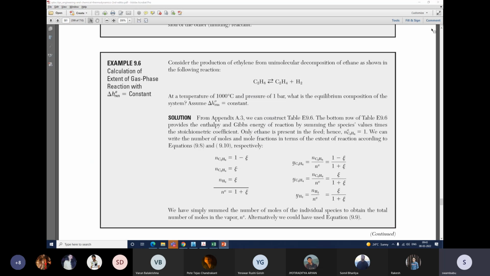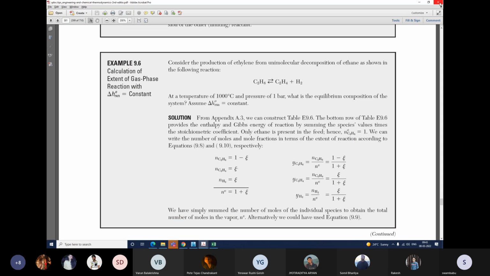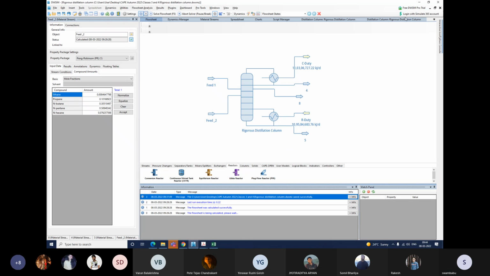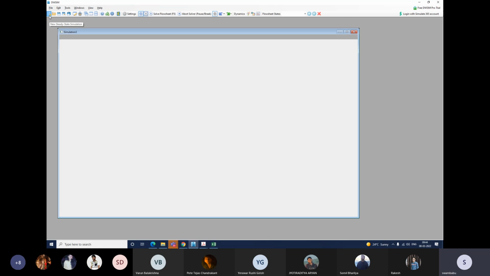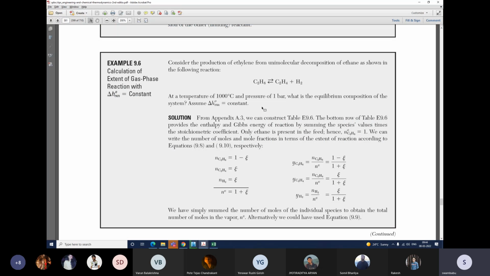I'm closing this as it's not required. I'll go to DWSim, close it, save, open a new one. Now I need to enter ethylene, ethane, and hydrogen.